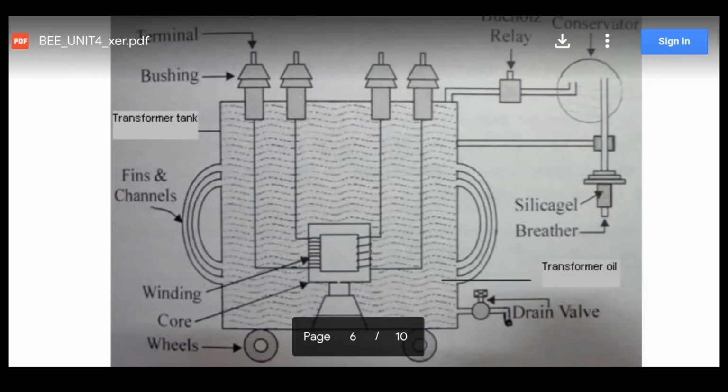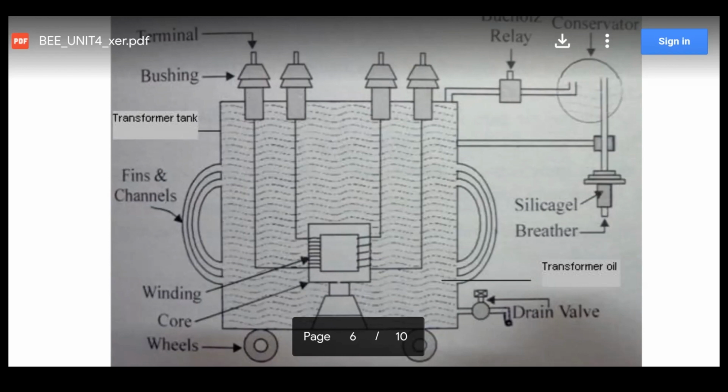Okay, cooling, sorry. Whenever there is a no load condition of the transformer, then load current is not flowing, but primary current or the exciting current may be flowing, which is of very less magnitude. But even so, if the weather conditions are hot and humid, then the temperature within the transformer tank is increased.